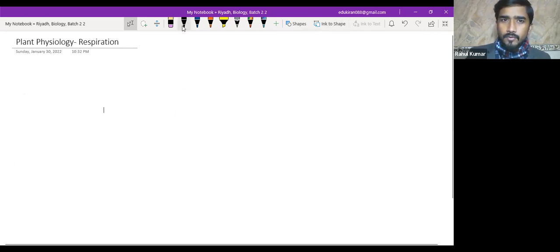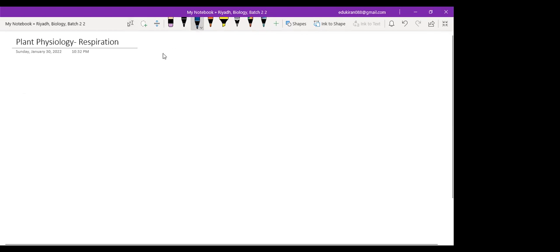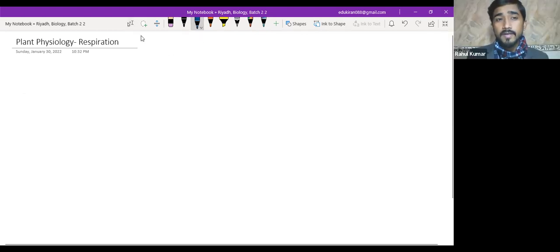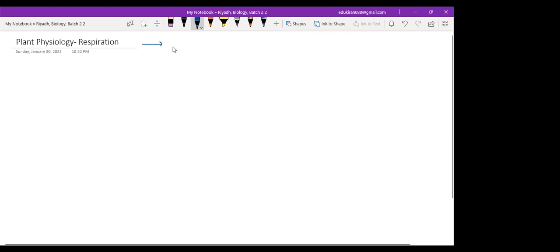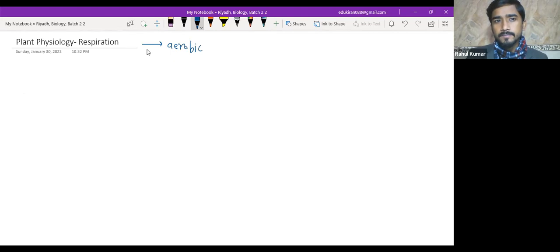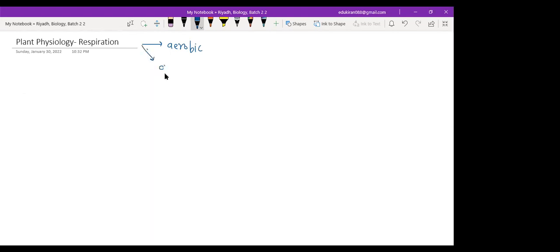You must have known or studied the terms aerobic respiration and anaerobic respiration. Aerobic is respiration in the presence of oxygen, and anaerobic is in the absence of oxygen.